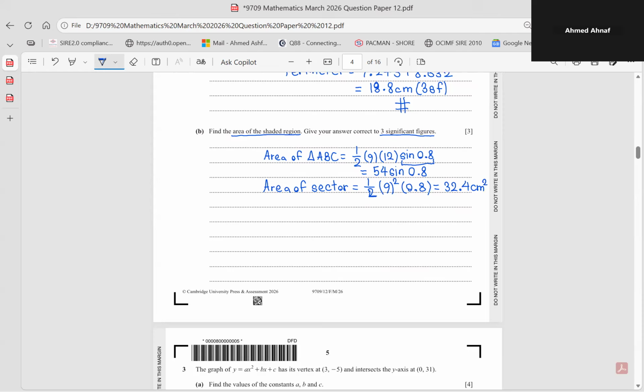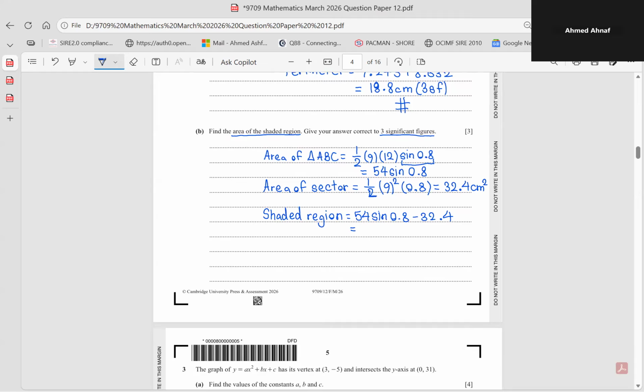And now we can finally find the area of the shaded region by subtracting these two areas. So the triangle area, 54 sine 0.8, minus 32.4. And again, when you are typing in the 0.8, make sure your calculator is in radian mode.